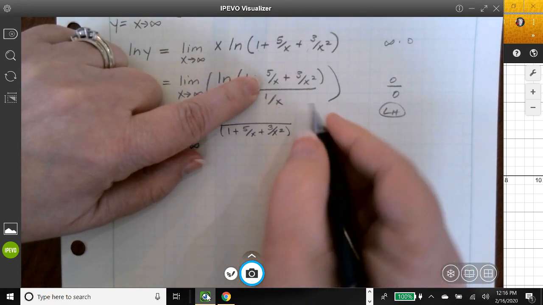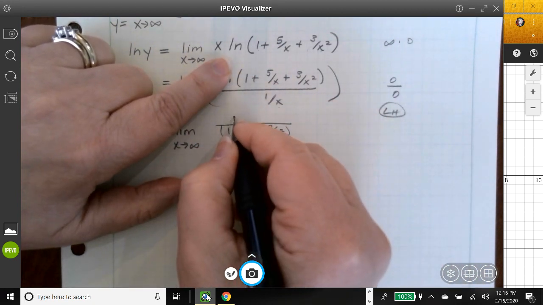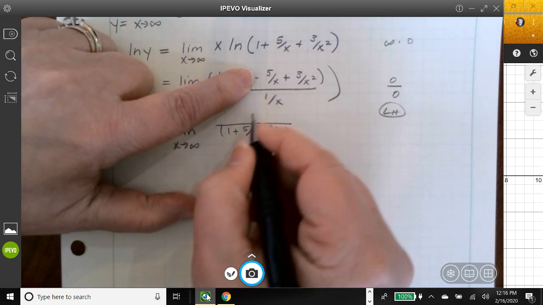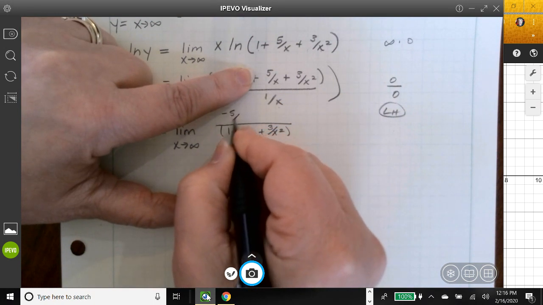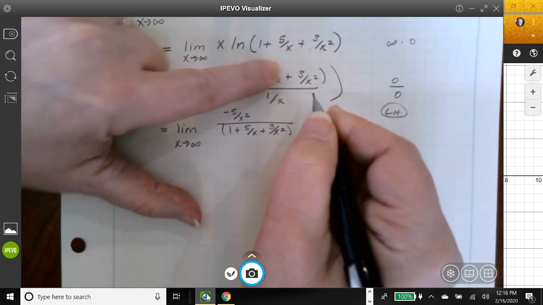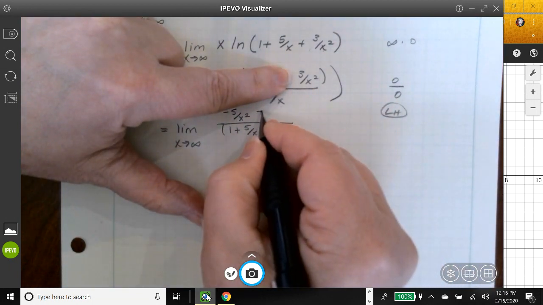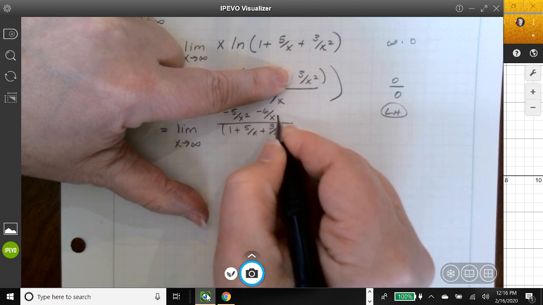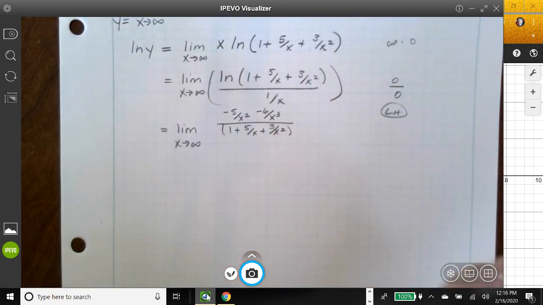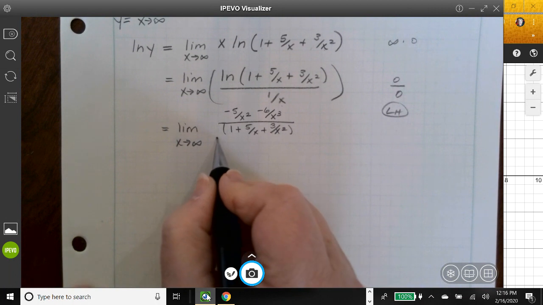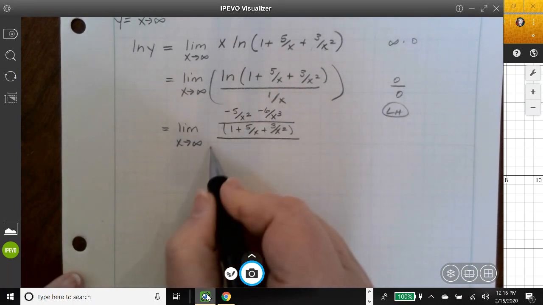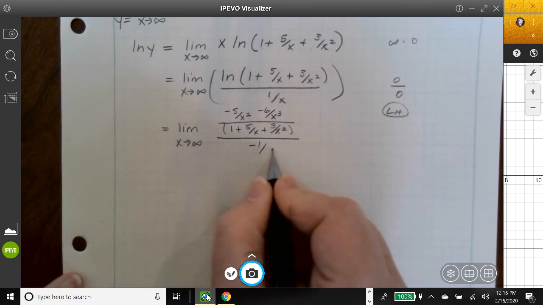So 5 over x, its derivative is, the derivative of 5x to the negative 1 is negative 5x to the negative 2. And then this is 3x to the negative 2, so that's going to be negative 6x to the minus 3. So I'm going to write it like that, over the derivative of 1 over x, which is negative 1 over x squared.